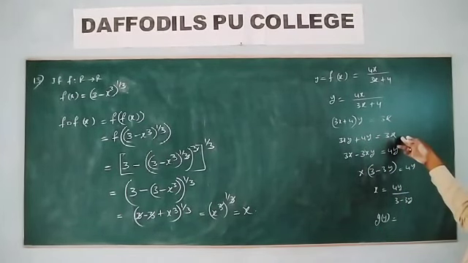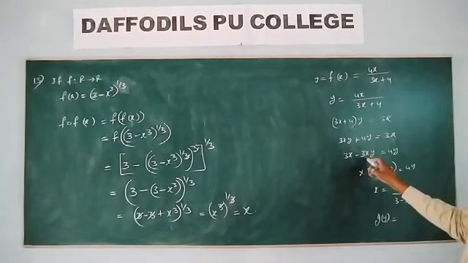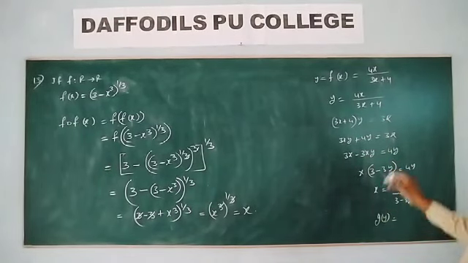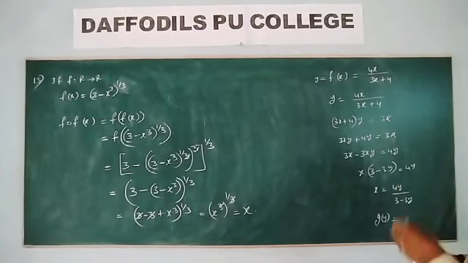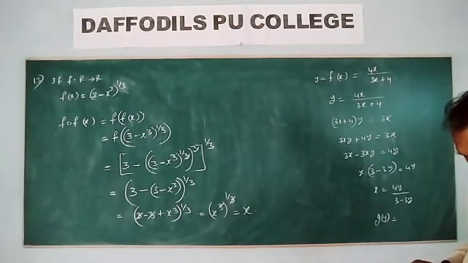This one take this side: 3x minus 3xy is equal to 4y, x into 3 minus 3y. Which option is the correct answer? That value is not there.